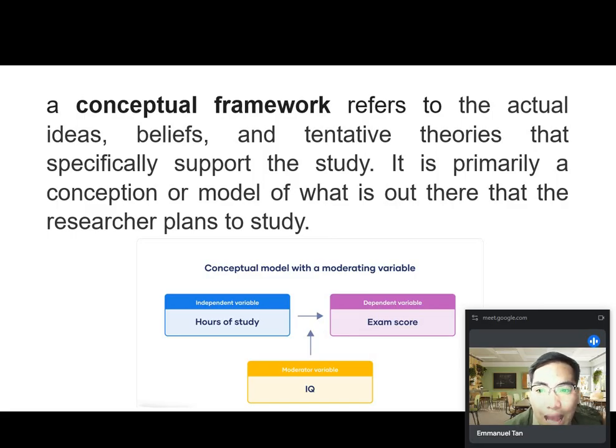This refers to the actual ideas, the actual beliefs, and tentative theories that specifically support your study. It is primarily a conception or a model of what is out there that the researcher plans to study. Like the visual representation on the screen, you can see three rectangular boxes.